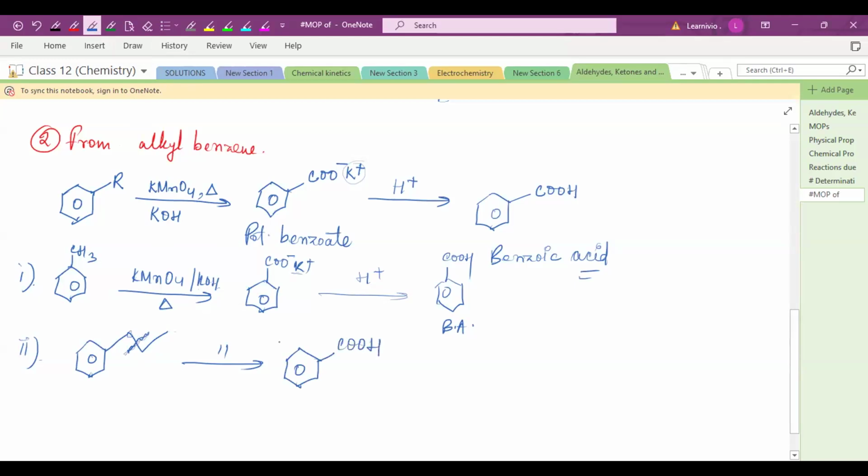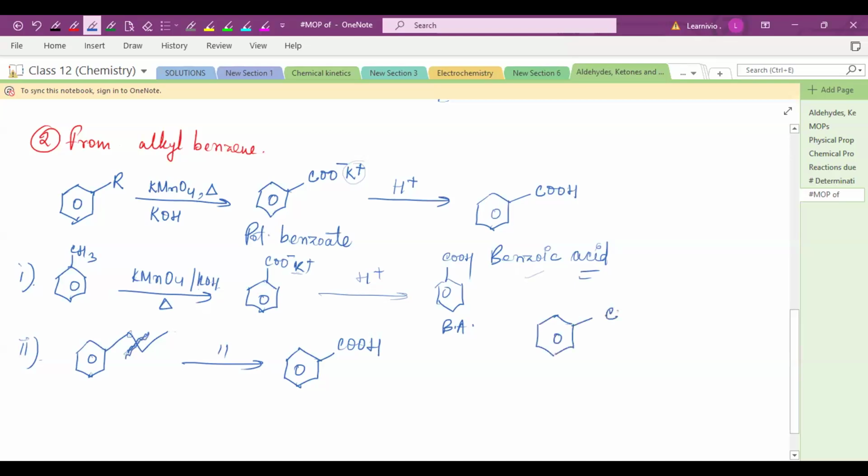क्या होगा यहाँ पे, this is something different. If a CH3 group is attached, one carbon is there, then it is very simple. You will form only benzoic acid. But if there is more than one carbon chain, if it is an ethyl group, a propyl group or any group, you have to cleave this bond because मैंने आपको पढ़ाया था in the haloalkane chapter.